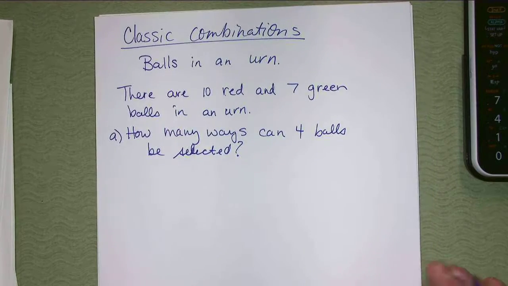And it's like they're all the same. It doesn't say selected to line them up, right? It's just selected. So you pick 4 and then you look at what's in your hand. You know, the cookies one is good, like how many ways can you get 3 chocolate chip and 2 ginger snaps, right? That kind of thing.